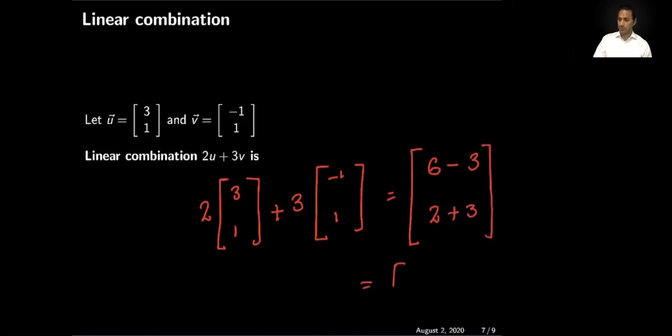So if we calculate this linear combination, this will be 3 comma 5. So this is our linear combination, when you have multiplication and addition operation at the same time.